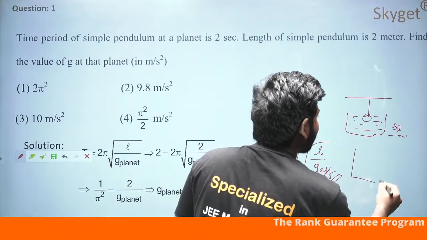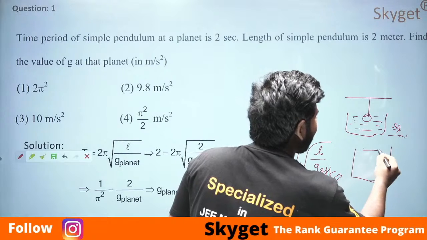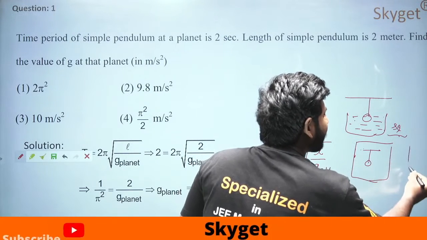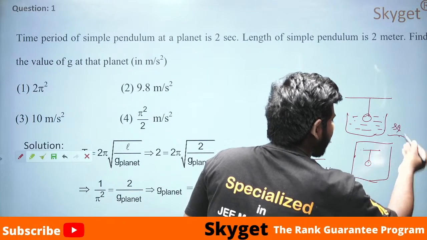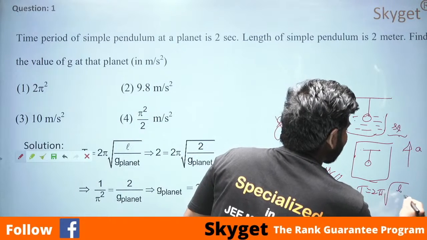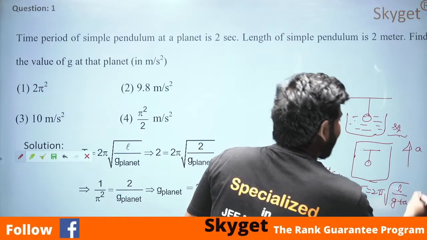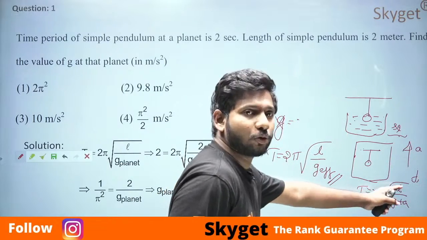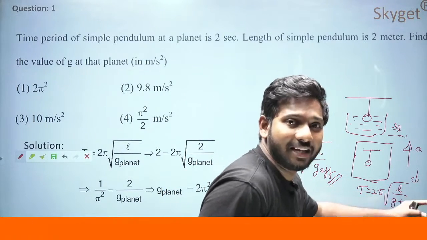Also, when the simple pendulum is kept in a lift accelerating upwards, the time period will be 2 pi root over L by g plus a. When it is accelerating downwards, the time period will be 2 pi root over L by g minus a.